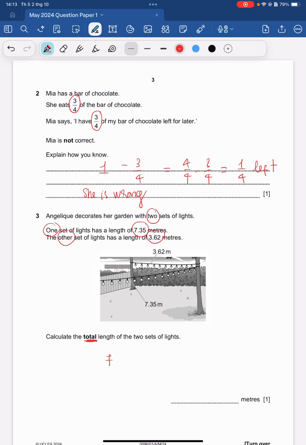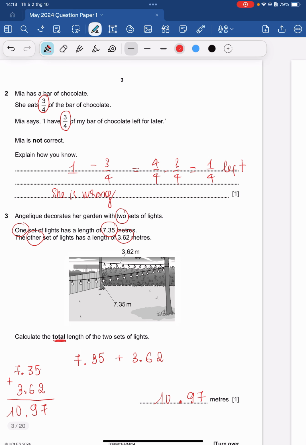So we have 7.35 plus 3.62. I think column addition is easier to use. Remember, we are adding decimal numbers, so the decimal points need to line up. 5 plus 2 is 7, and 7 plus 3 is 10, right? So the answer is 10.97 meters.